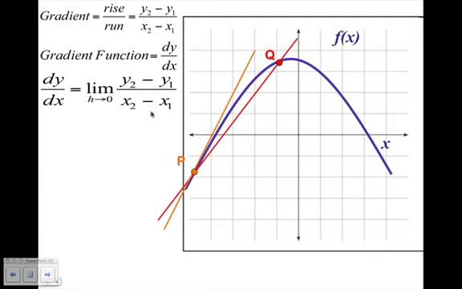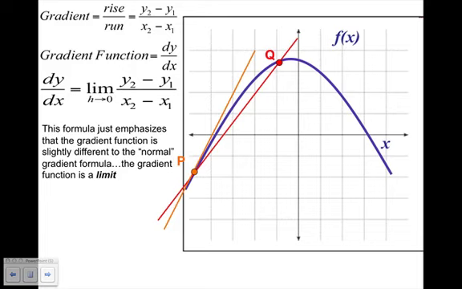But the coordinates of y2, y1, x2 and x1, which we defined on the previous slide, are slightly different to what we're used to. They're the x, f of x, they're the x plus h, f of x plus h. So I just wanted to emphasize there that the gradient function comes from a limit formula. It's a limit, the gradient function.